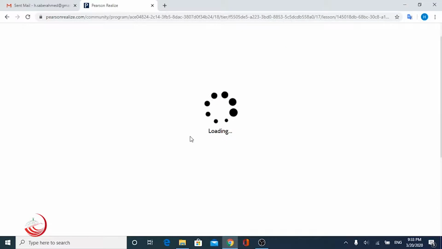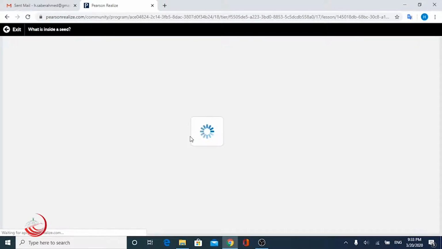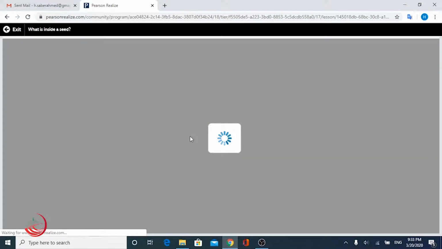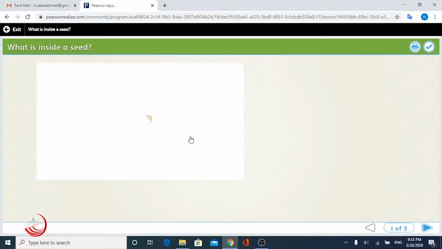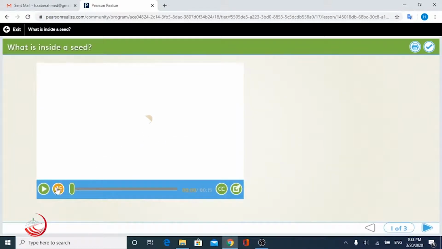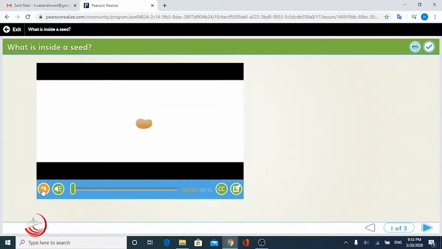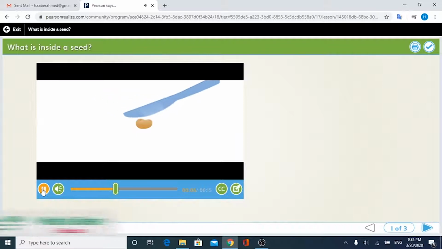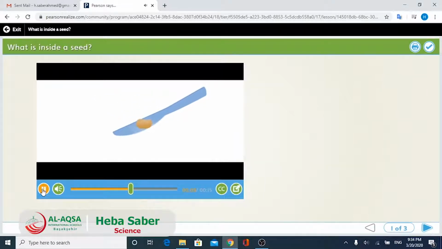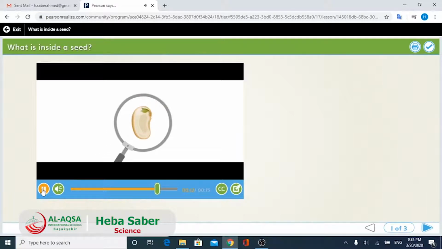Let's see, did you make this experiment or not? Look. What do you think is inside this bean seed? Let's find out. We can use a plastic knife to split the bean seed in half. We can use a hand lens to get a closer look at the inside of the seed.